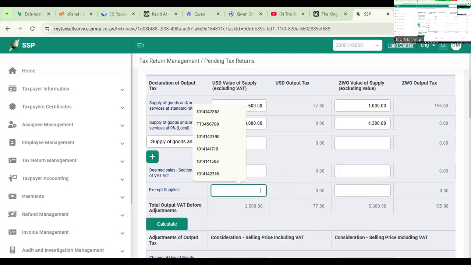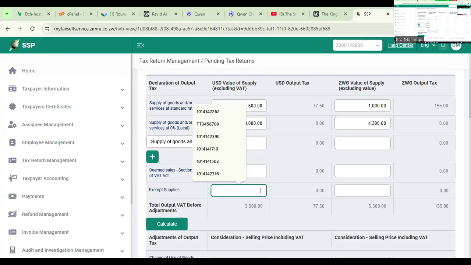Then exempt sales, those are like your sales that you did, which are not charged the VAT at all. Because in Zimbabwe, what we have is we have got goods which are charged the VAT at standard rate, which is your 15.5%. Then you've got goods and services which are charged VAT at 0%. Then you've got goods which are exempt, meaning to say no value-added tax is applicable.